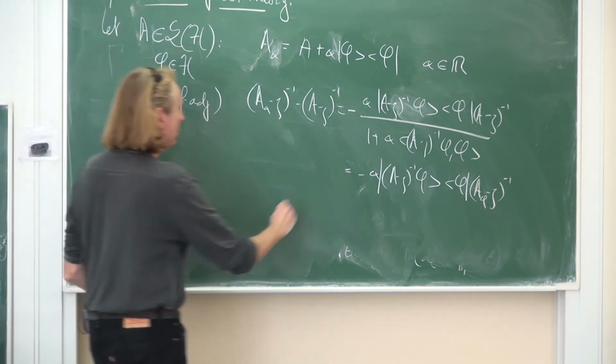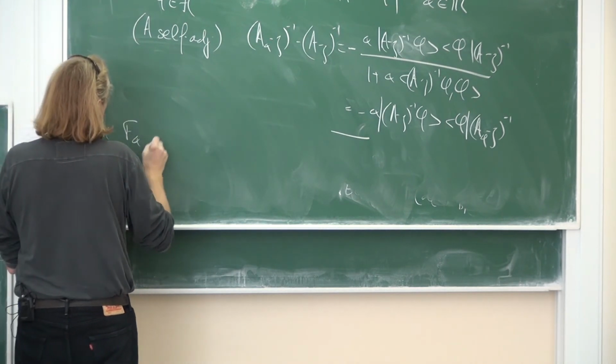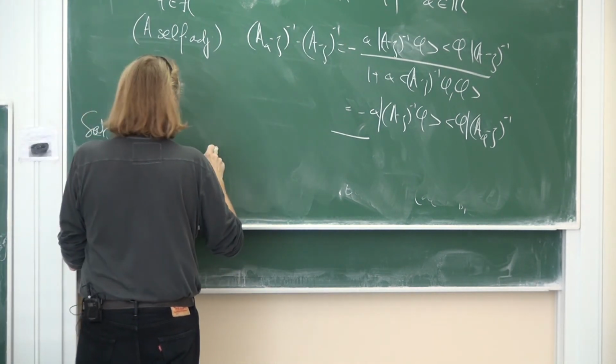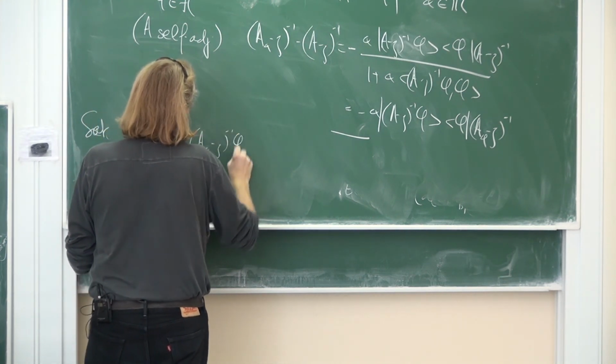You can set f alpha of z to be equal to A alpha minus z inverse phi.